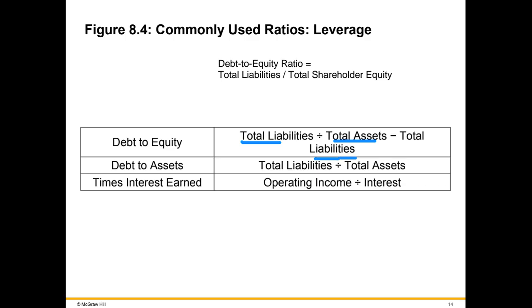Okay, debt to asset is total liability to total assets, which gives us an idea of our debt to asset ratio. Times interest earned is operating income divided by the interest, which tells us how many times we can cover our interest.